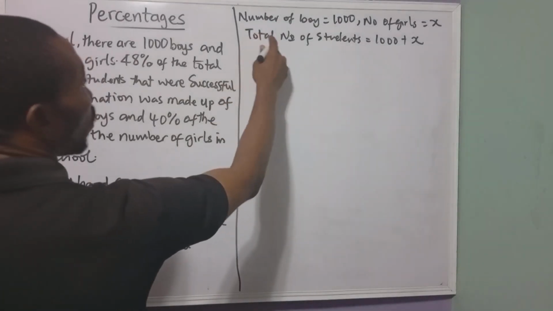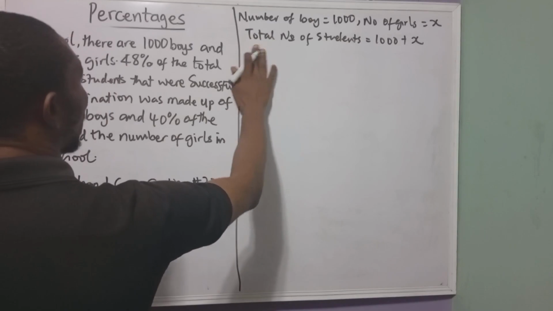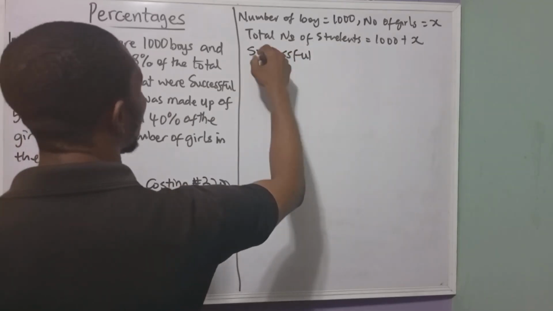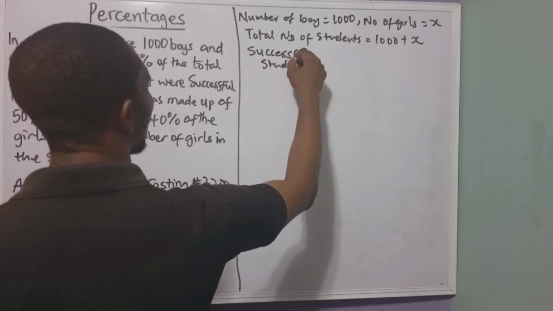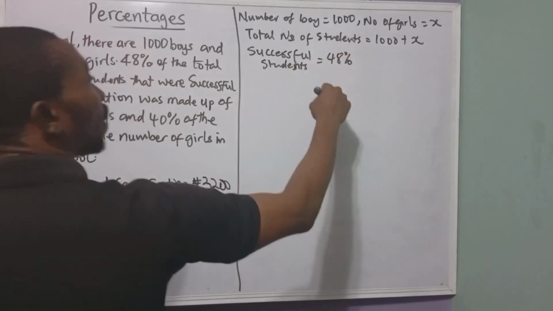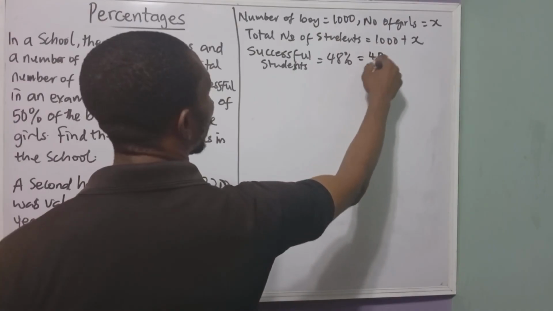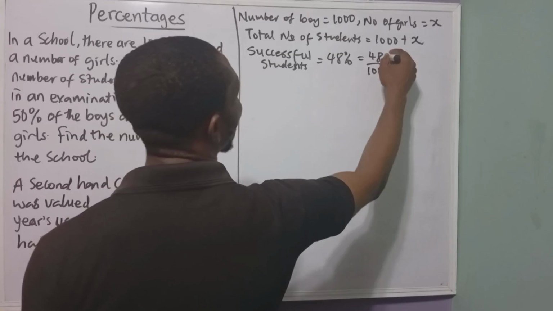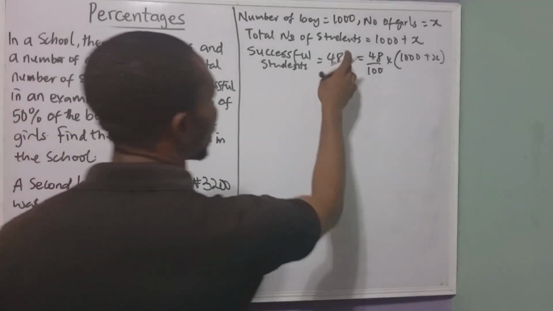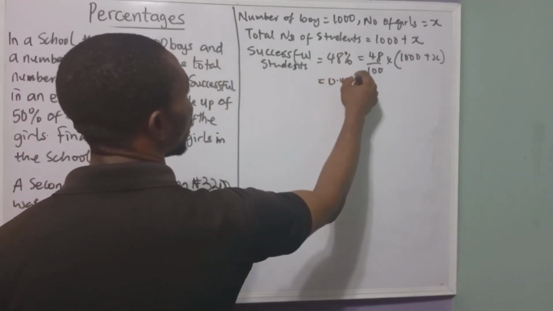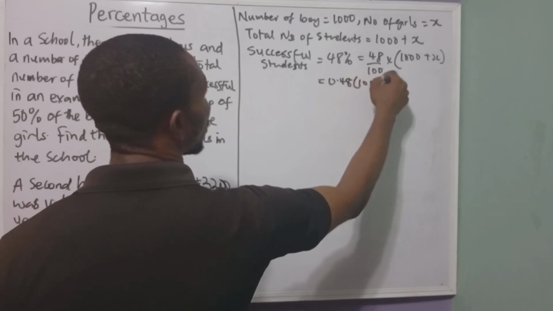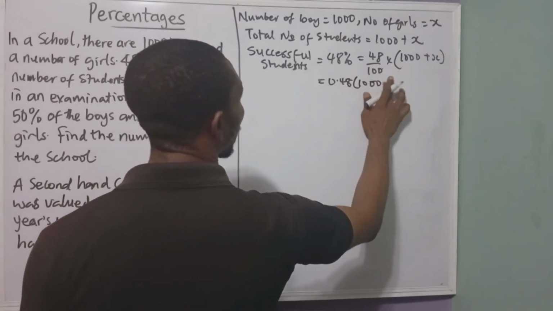So successful students equals 48%, that is 48 over 100 times 1,000 plus x. 48 divided by 100 will give us 0.48 of 1,000 plus x.